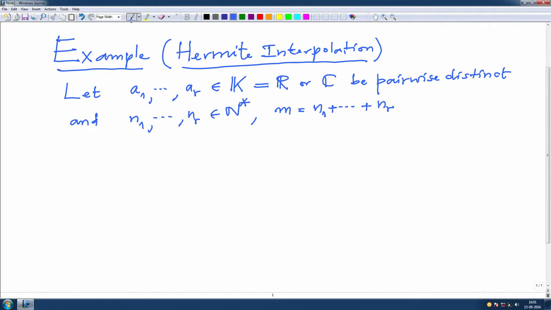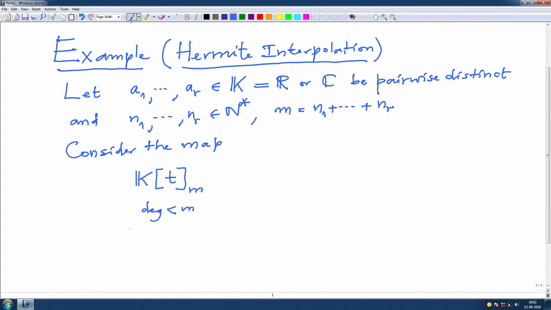That means we consider the map from the set of polynomials with coefficients in K of degree strictly less than m.